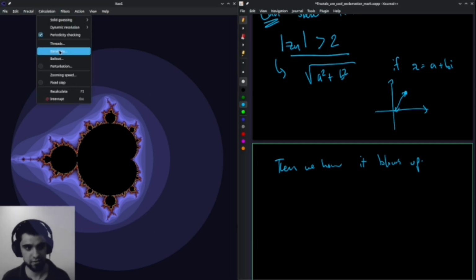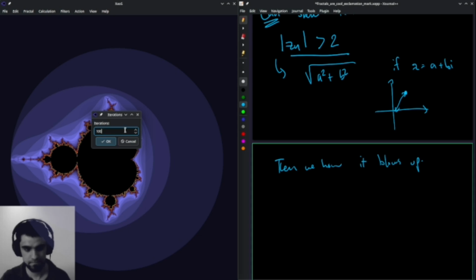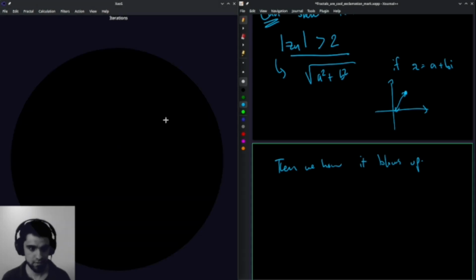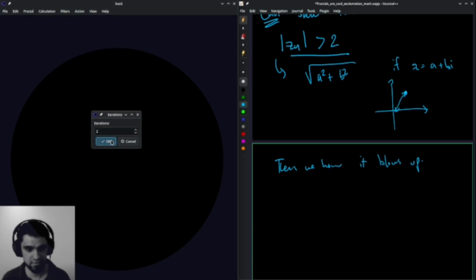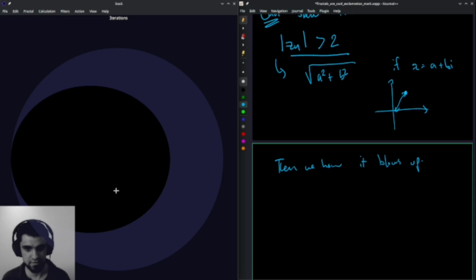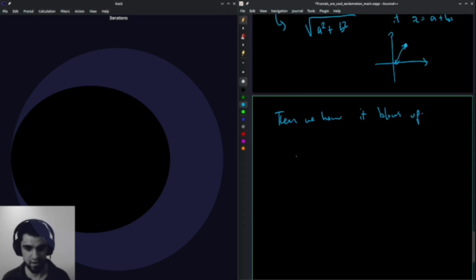And this calculation, let's just do one iteration. And so what we have is just a black square with another one here. And so it's just telling us, well, everything here is less than 2, everything here is bigger than 2. But now if we increase the iterations, we're looking at the things such that z_1 is already bigger than 2.